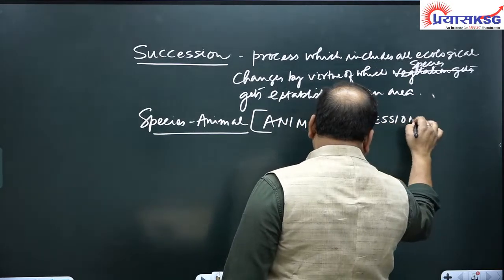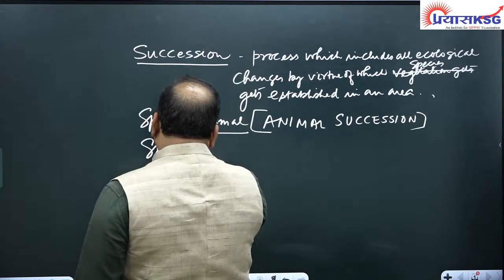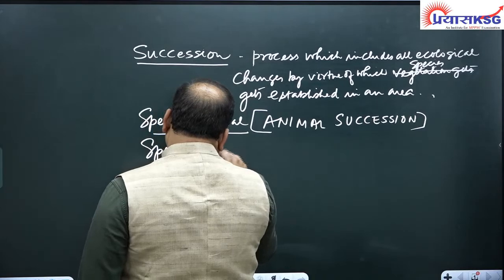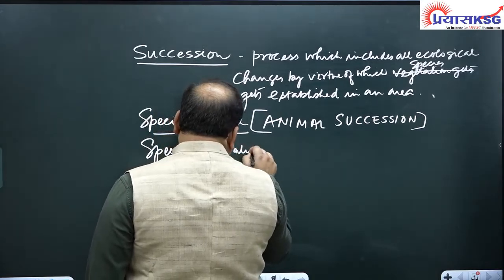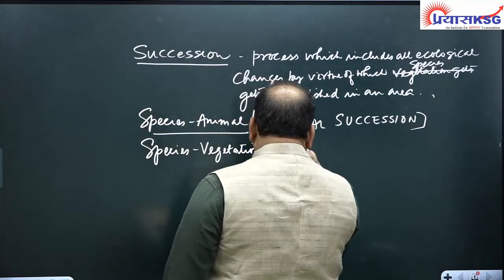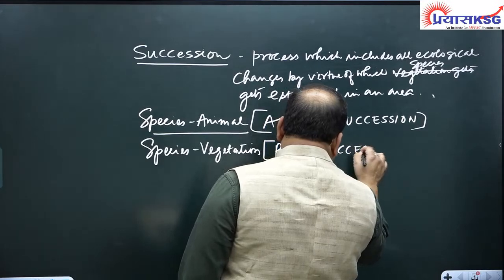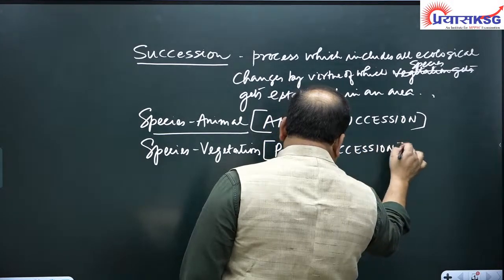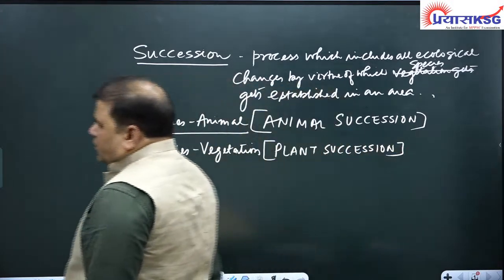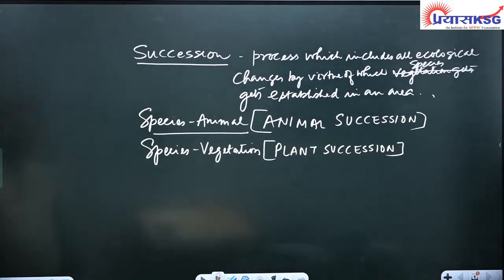But if the species happen to be in the form of vegetation, then this kind of succession would be called as what? It would be called as plant succession. So this would be referred to as plant succession. So one is called as what? Animal succession, and second is called as plant succession.